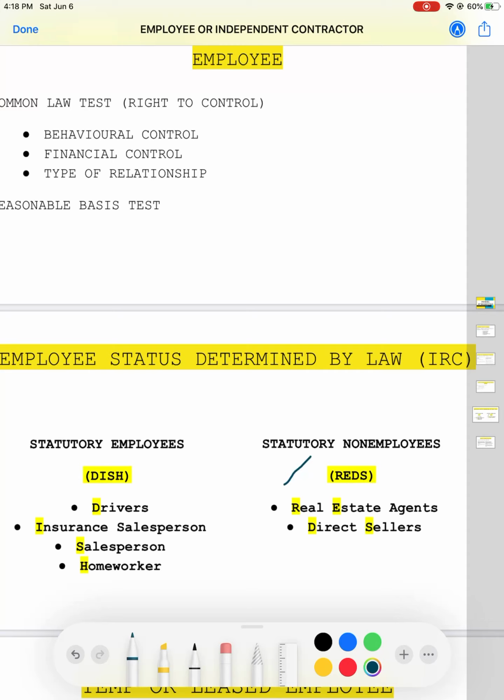And there is a provision, section 530 of the Revenue Act of 1978, that describes this reasonable basis test. This reasonable basis is based on prior court decisions, a prior IRS audit of the employer, and a long-standing industry practice of treating workers in that kind of situation as independent contractors.